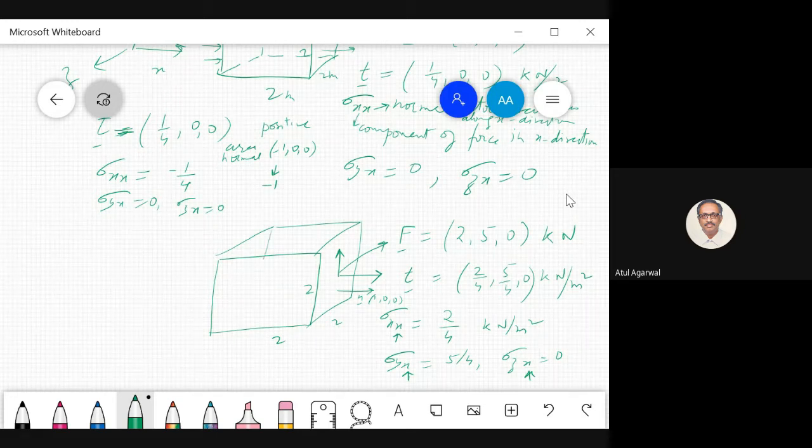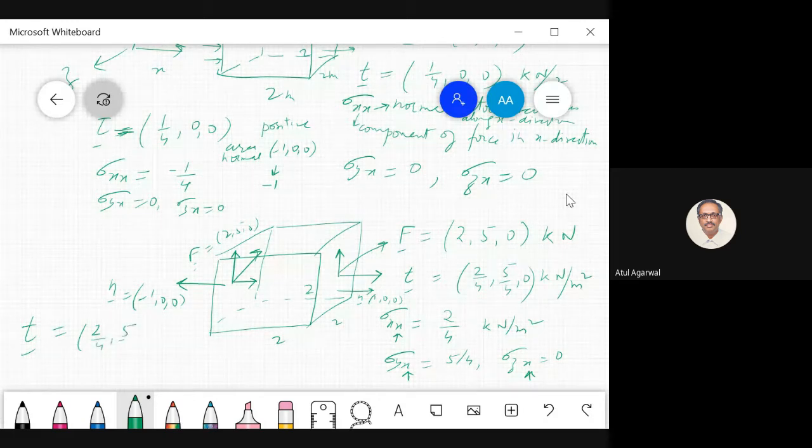Now if I take this second face, left face, I assume the similar force. So there is a force in... So this force is basically... now your area normal is negative. Traction is same as before. But what is your sigma xx?